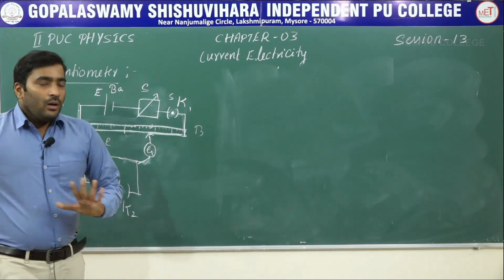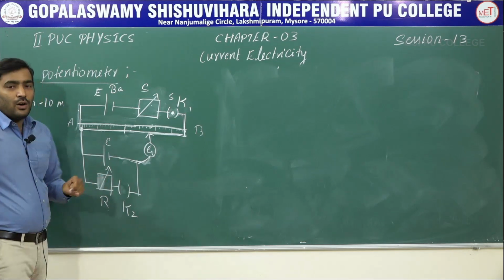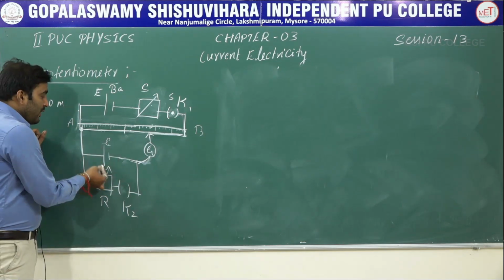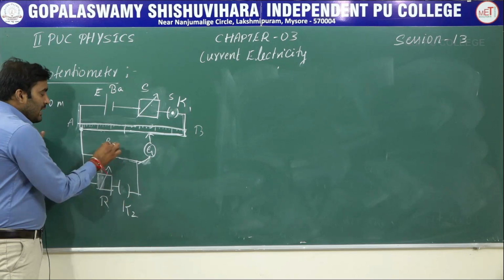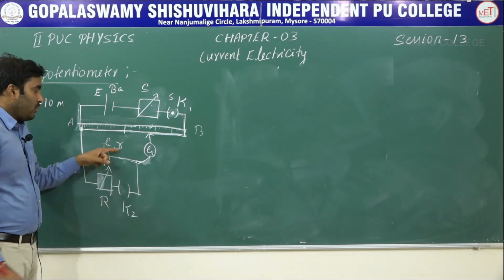Yes, this is the circuit for finding the internal resistance of a cell. Here we have connected a cell of EMF E and internal resistance R, which has to be found now.